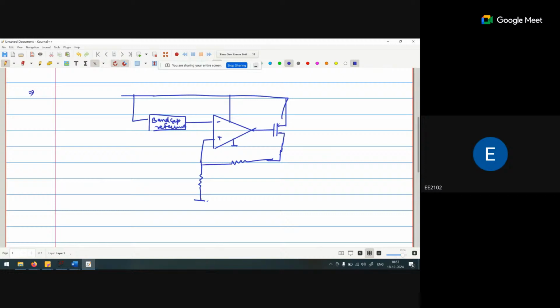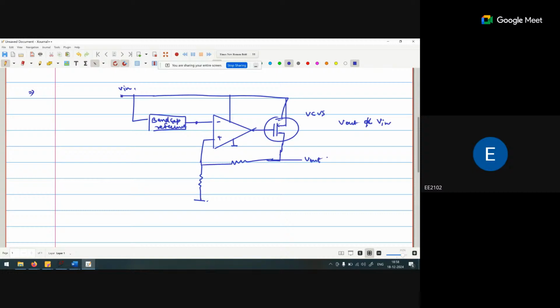So the professor will be using this voltage control voltage source. Okay, this is the V in voltage, band gap reference voltage. Now the purpose of this circuit is that the output voltage we are getting at this point, V out, is not dependent on V in voltage.